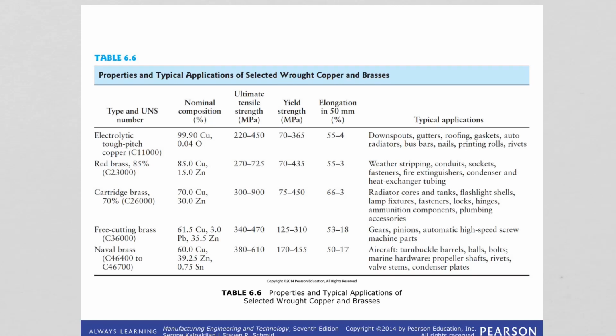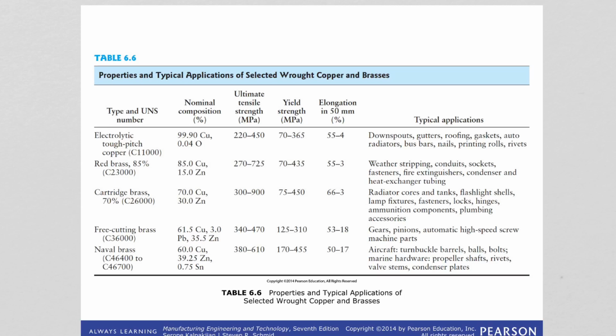Here we are given in the table again the properties and typical applications of wrought copper and brasses. UNS stands for Unified Numbering System.